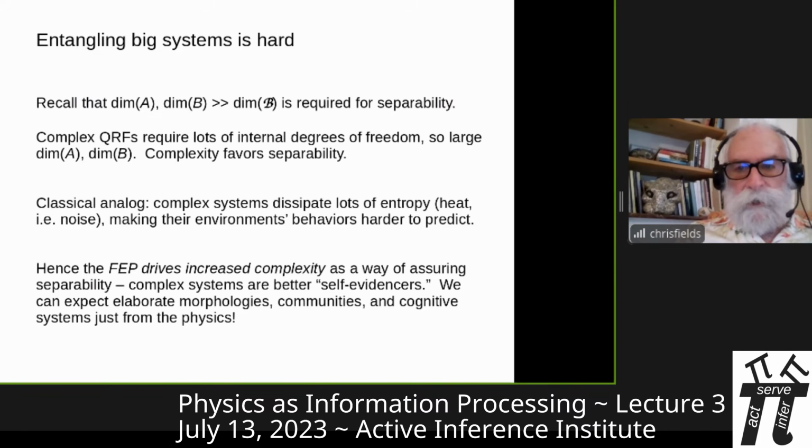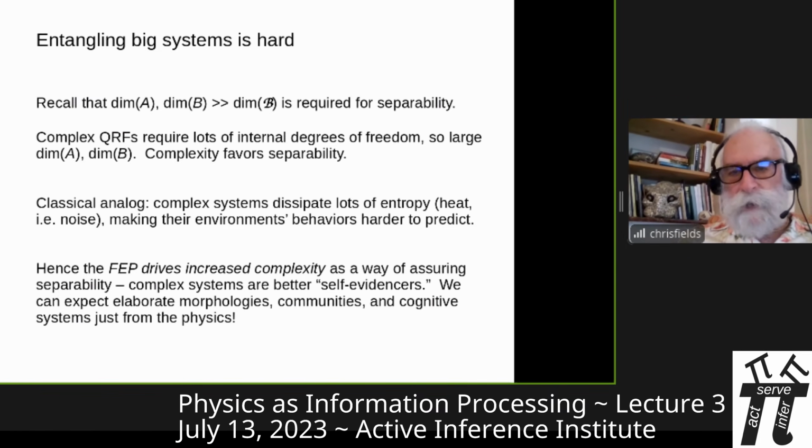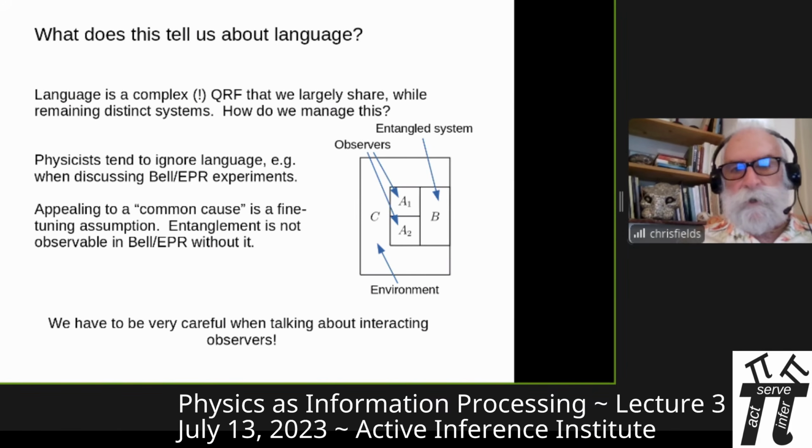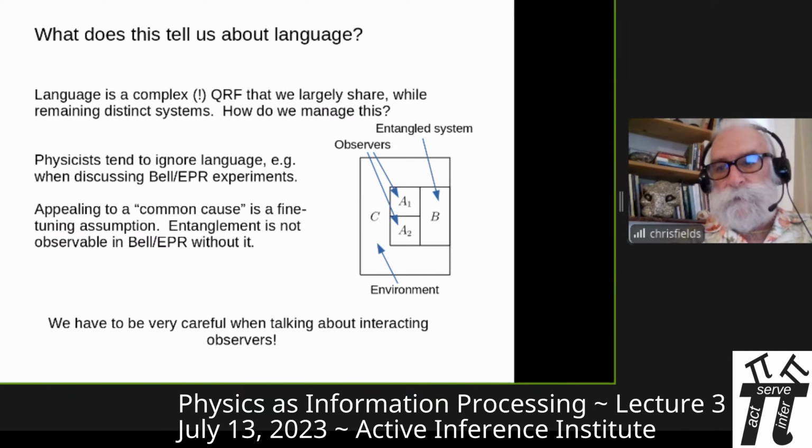And before stopping here, I want to consider one aspect of this in particular, which is language. For example, human language, but any kind of language connecting any systems that are communicating with QRFs that are fairly close.